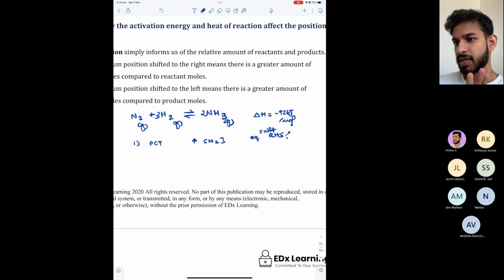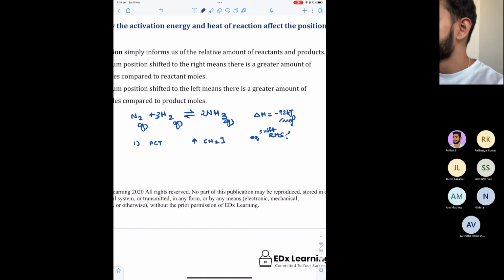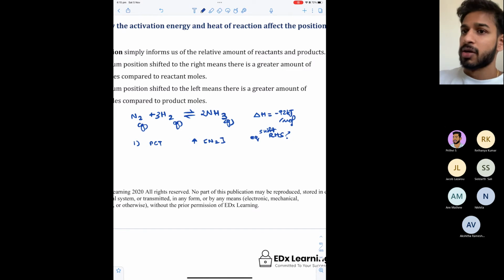Not according to LCP, because I'm sure you all know by now, increasing nitrogen concentration, the system wants to counteract that. It'll want to decrease nitrogen concentration. It will shift to the right-hand side to do so. But can you explain it using particle collision theory, Nikita? Yeah.